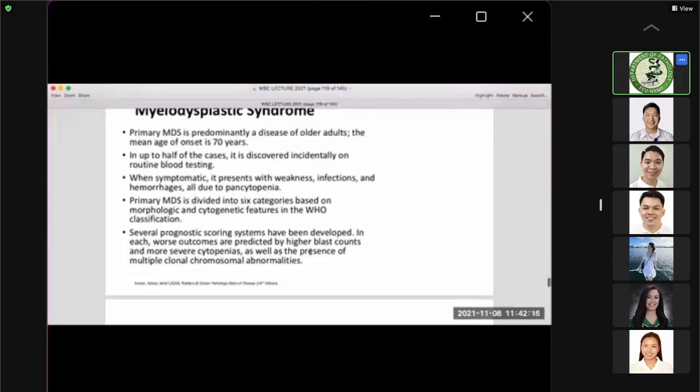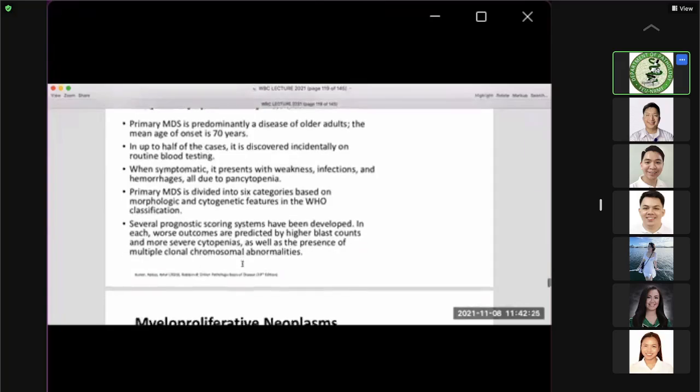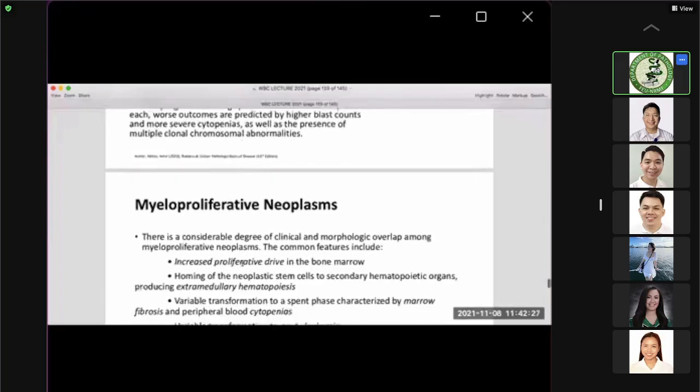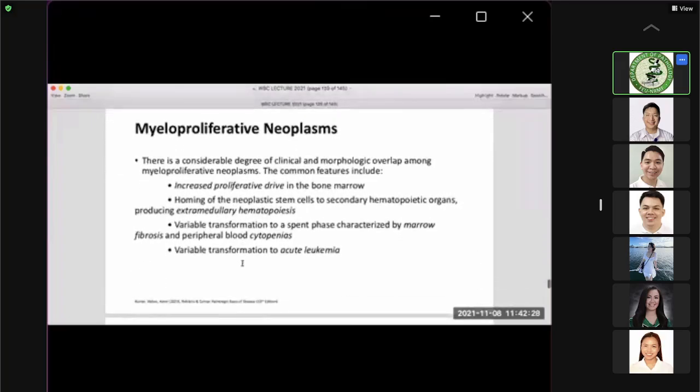Worse prognosis is predicted by higher blast counts, more severe cytopenias, as well as presence of multiple clonal chromosomal abnormalities. For myeloproliferative neoplasms, there is a clinical and morphologic overlap among these. So ano ang mga common features nila?